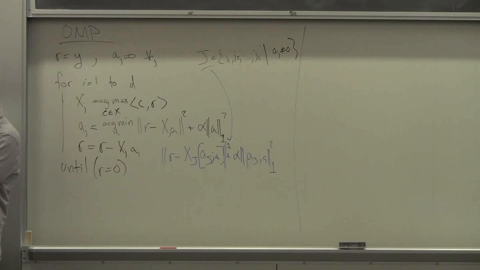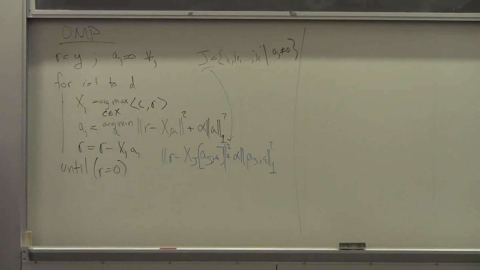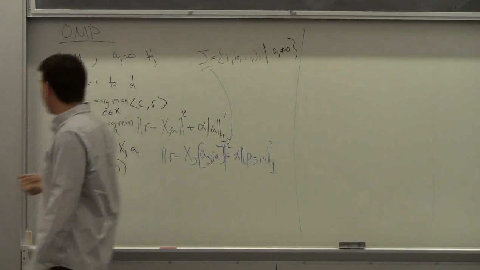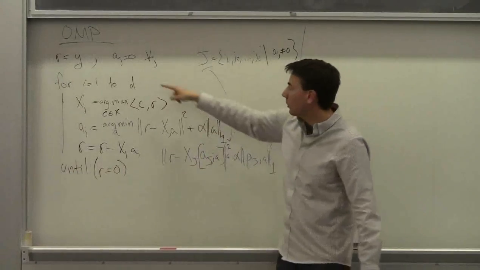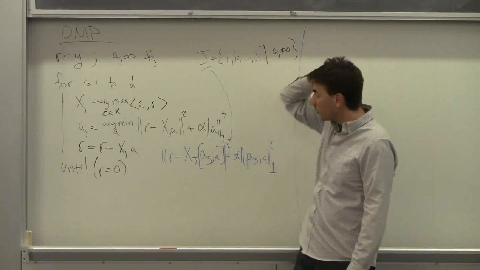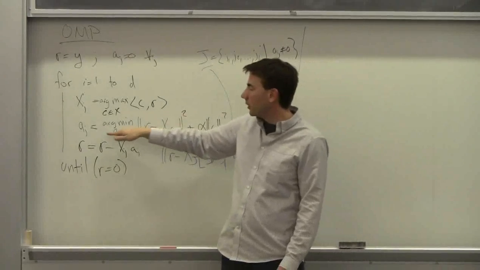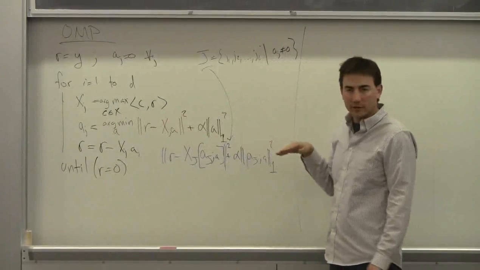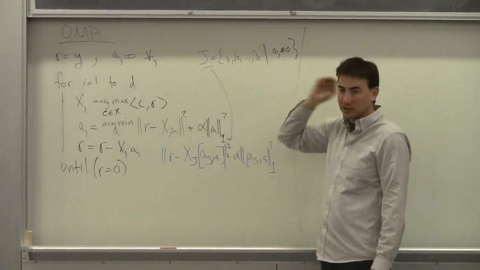So I haven't fully proven this, but if you believe this, that means the one coordinate I should pick should be the one with the largest dot product with the least squares solution. The least squares solution will be the one with the largest dot product with y, which in the first step is r. So the first coordinate I choose is going to be the same one as I did with orthogonal matching pursuit.